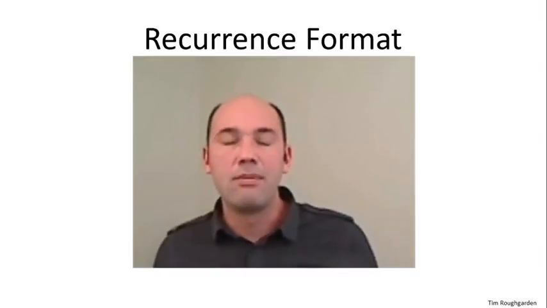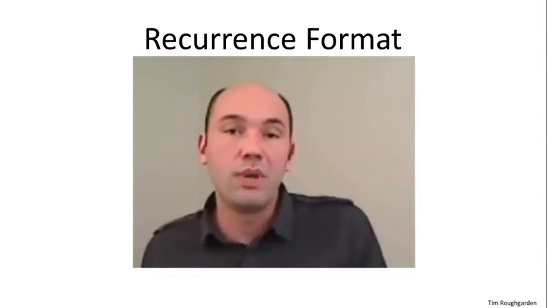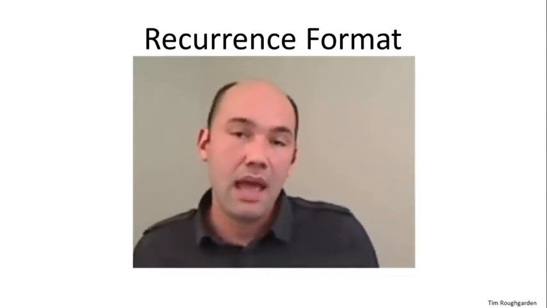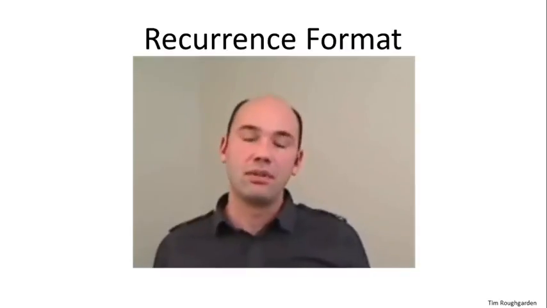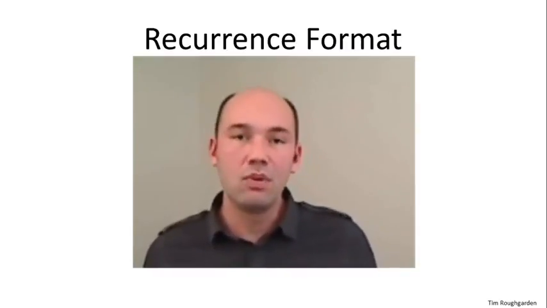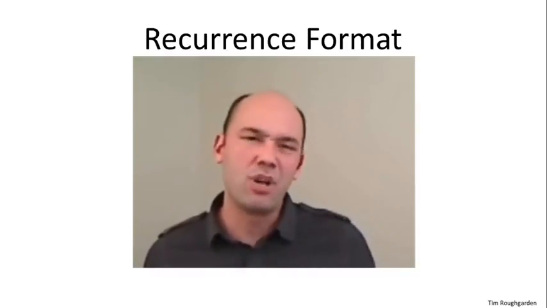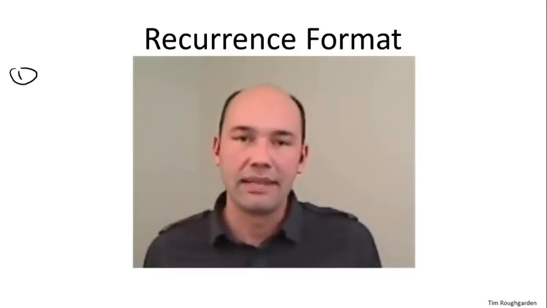Next, I'm going to describe the format of the recurrences to which the master method applies. As I said, there are more general versions of the master method which apply to even more recurrences, but the one I'm going to give you is going to be reasonably simple and it will cover pretty much all the cases you're likely to ever encounter. So recurrences have two ingredients.